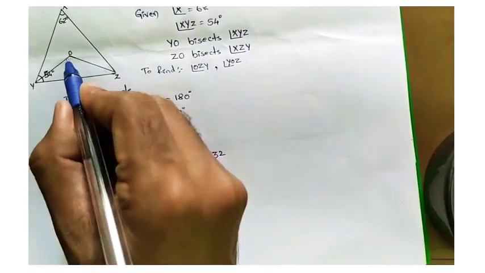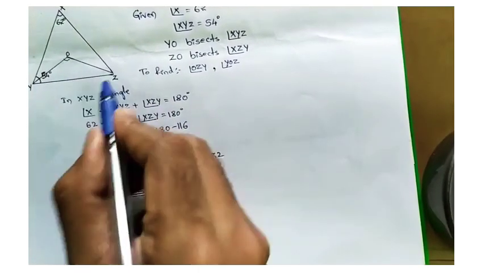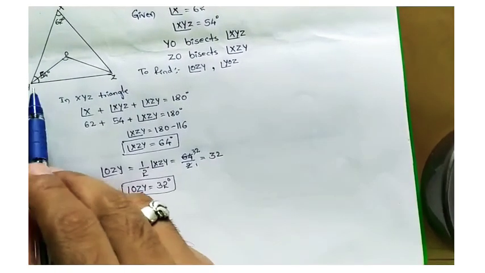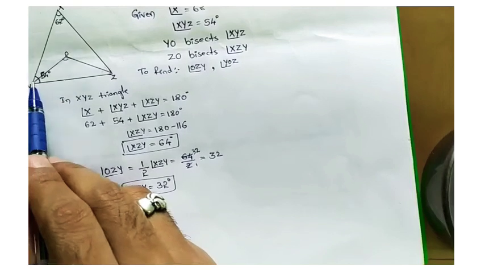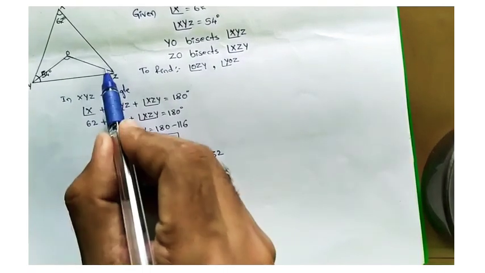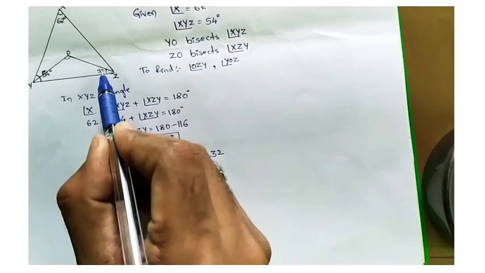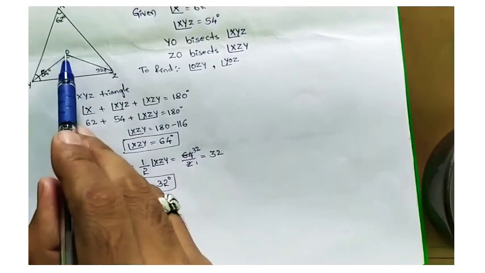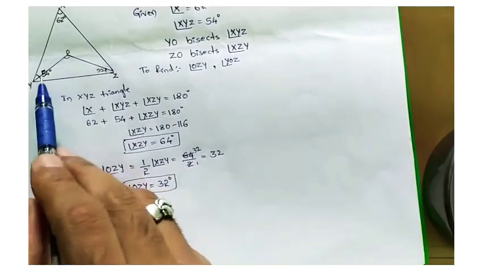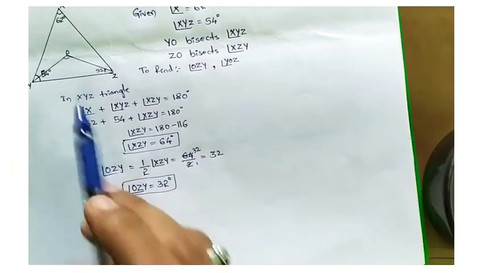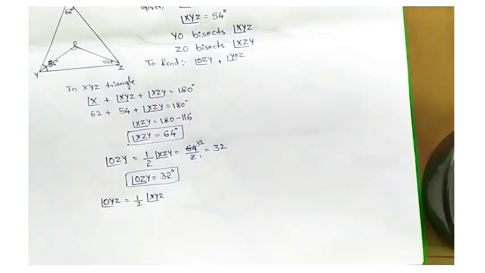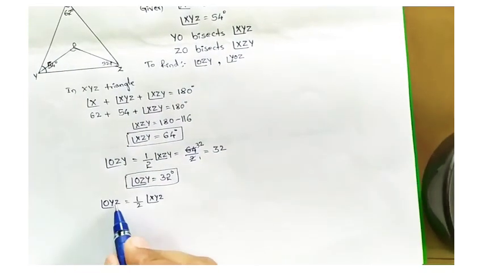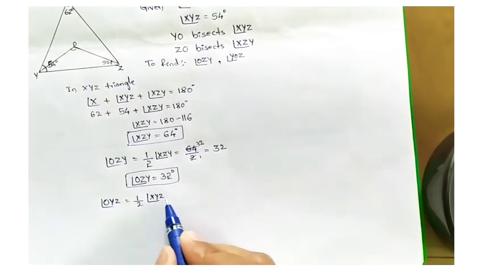Next we have to find YOZ. How to get this one? You have to use the small triangle, that is YOZ. Here we got the angle, that is 32 degrees. Now what about this one, OYZ? That is the bisector of XYZ. So OYZ equal to half of XYZ.